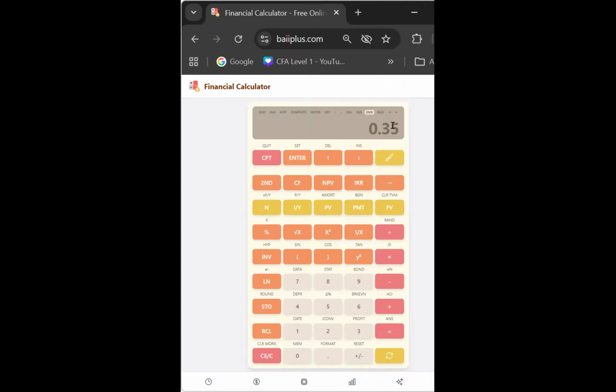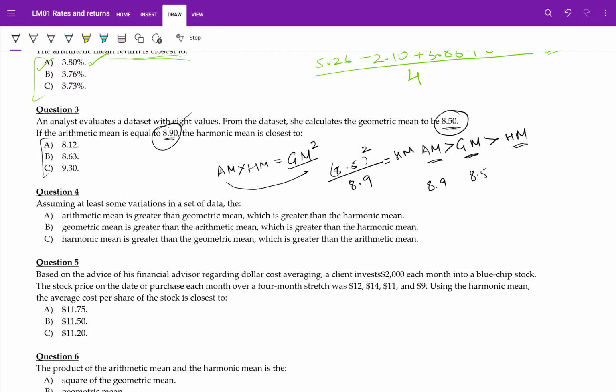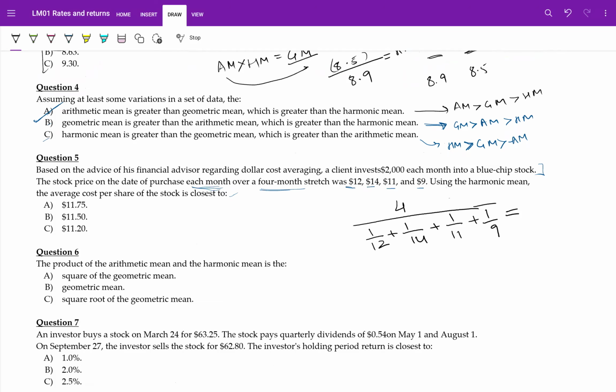So my denominator is actually calculated now. Just remember the value 0.35. I've calculated this value, it's 0.35. Now again, let's go back to the calculator.